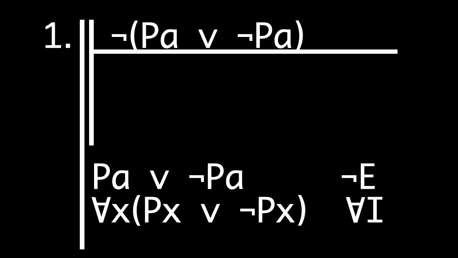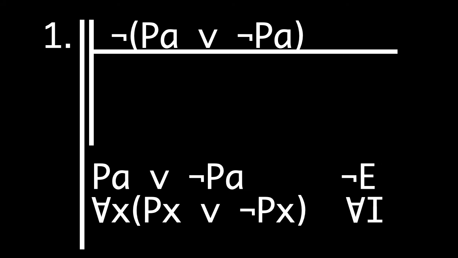Now, in this subproof, we want an explicit contradiction, a sentence followed by the negation of that very same sentence, because the plan is to use negation elimination back out in the main proof to get PA or not PA. So, assuming line 1 gives us something to work with.